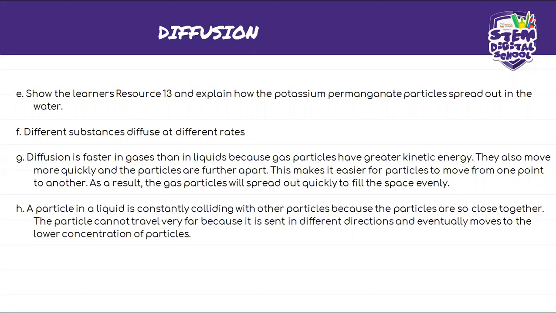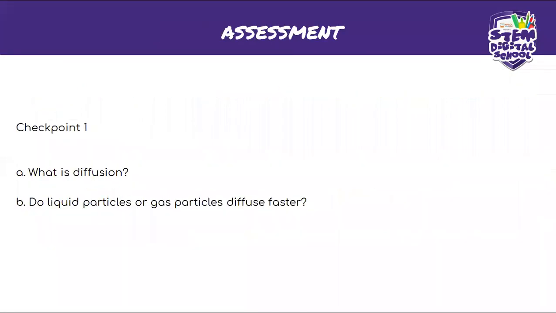The particle cannot travel very far because it is sent in different directions, so it moves slower from an area of higher concentration to lower concentration of the particles. When we are using the particle model of matter, this is a perfect explanation to illustrate that.